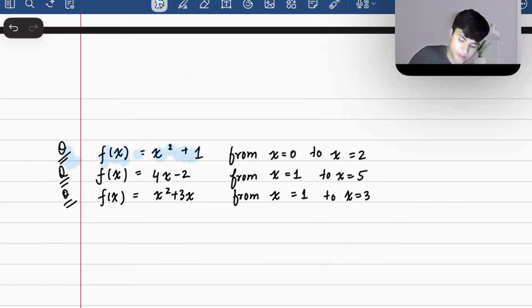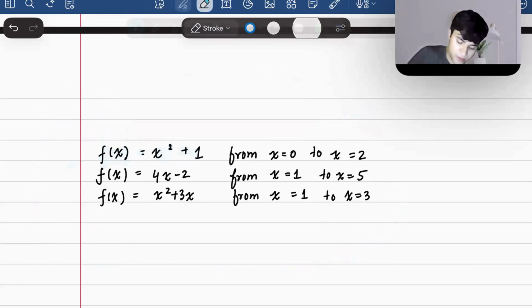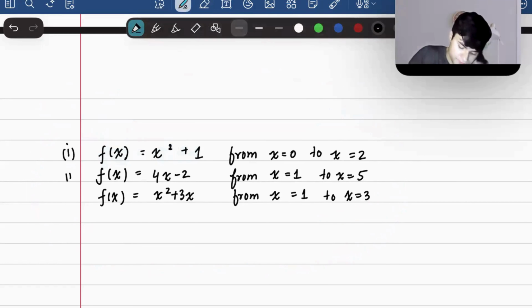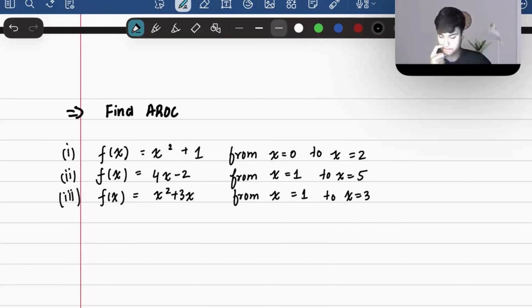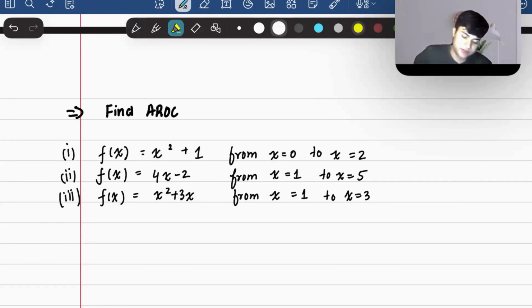The question says, oh wait, I'm going to write down part 1, 2, and 3. Question goes on, says find the average rate of change for the following. Okay, that's your chance. Try these questions out.